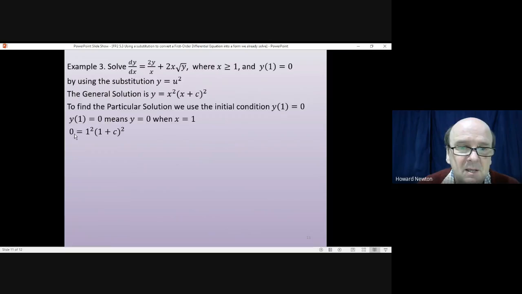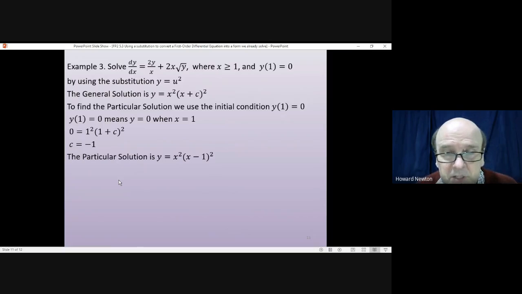Substituting those in gives us 0 equals 1 squared into 1 plus c all squared, which gives us c equals minus 1, which is the only solution to that equation, which means that the particular solution is y equals x squared times by x minus 1 squared.